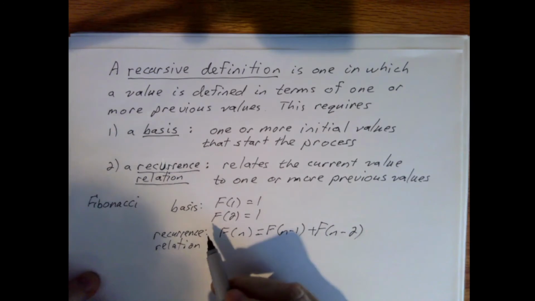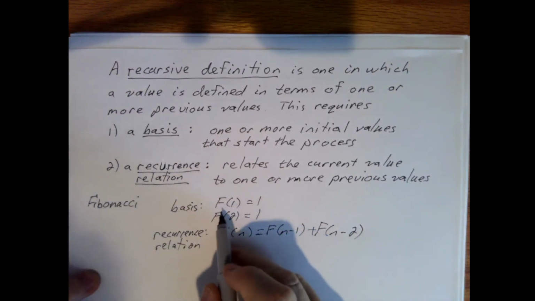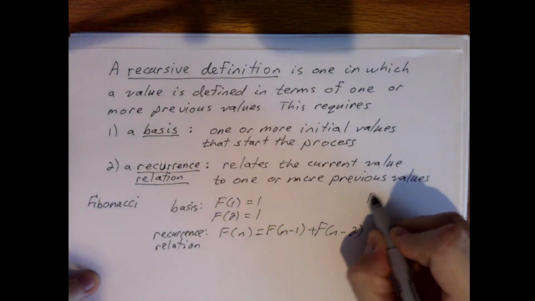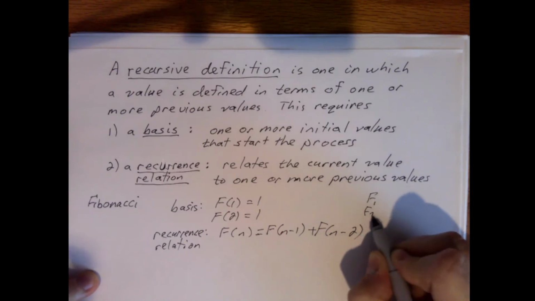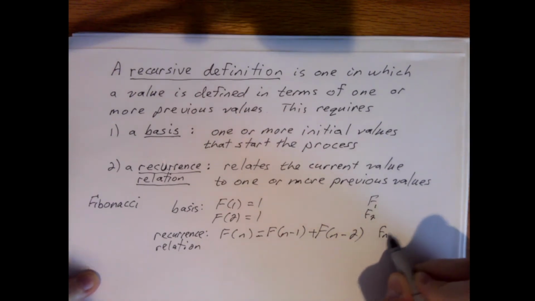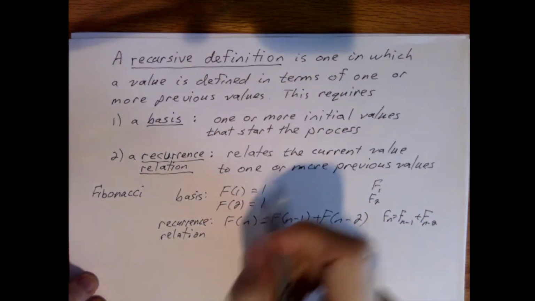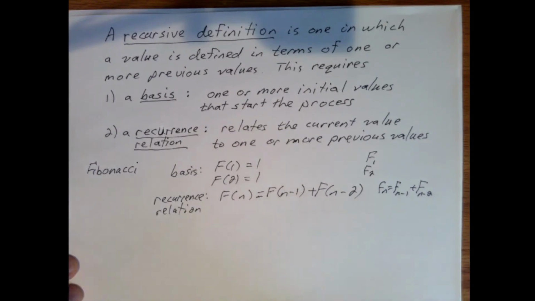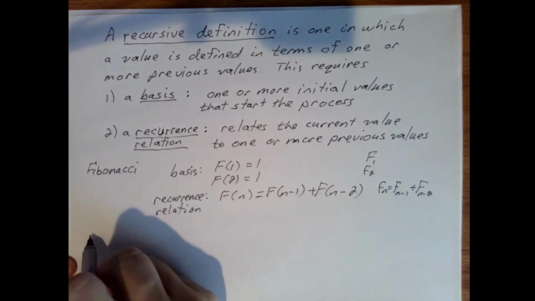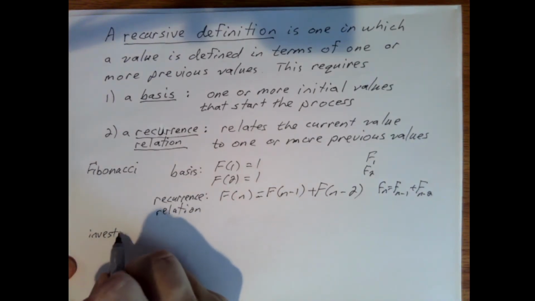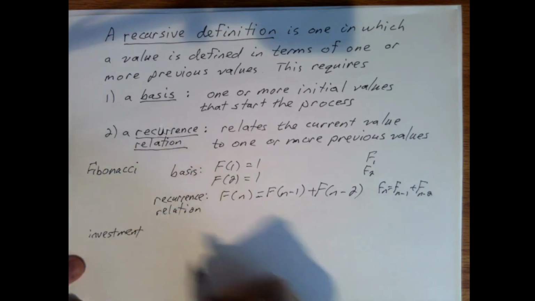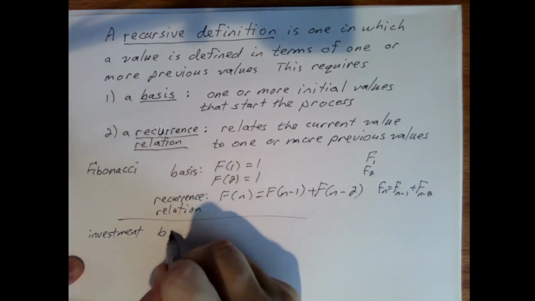Now, if you look at this online or in a book, sometimes you'll see these written as subscripts. So this would have been f sub 1, f sub 2, and this would have been f sub n is equal to f of n minus 1 plus f of n minus 2. It doesn't really matter on that, okay? For the investment problem, we have a basis of this.